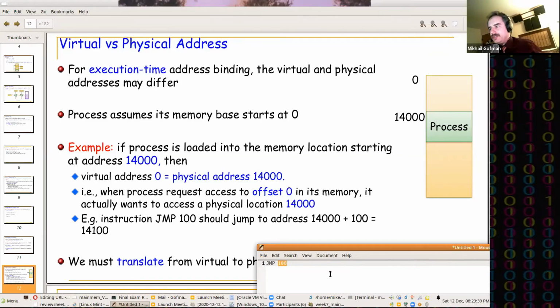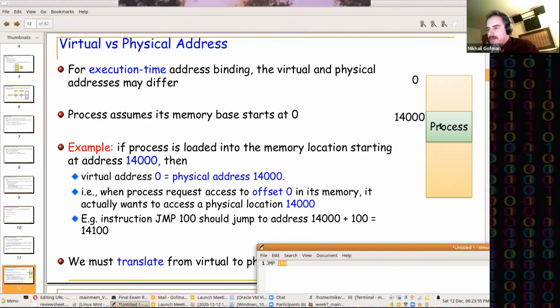Now, let's say that while the process is executing, it gets shifted down in memory to this location. So now its starting address is going to be 15,000 instead of 14,000. Well, inside its program, the process will still say, I want to jump to location 100, because once again, it wants to jump to location 100 starting from the beginning of its memory, okay?